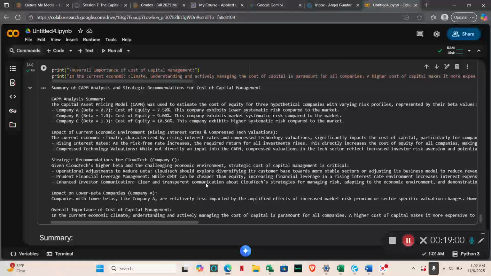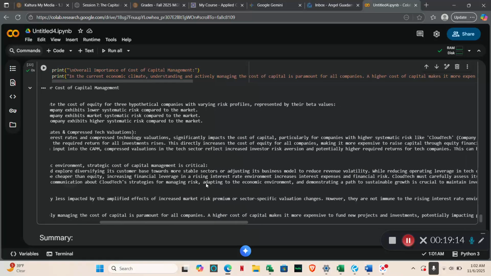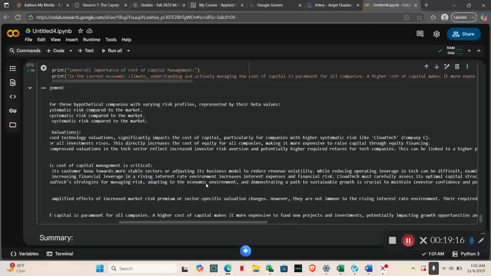For A, companies with lower betas are relatively less impacted by amplified effects of increasing market risk premium or sector-specific valuation changes. However, they are not immune to the rising interest rate environment.